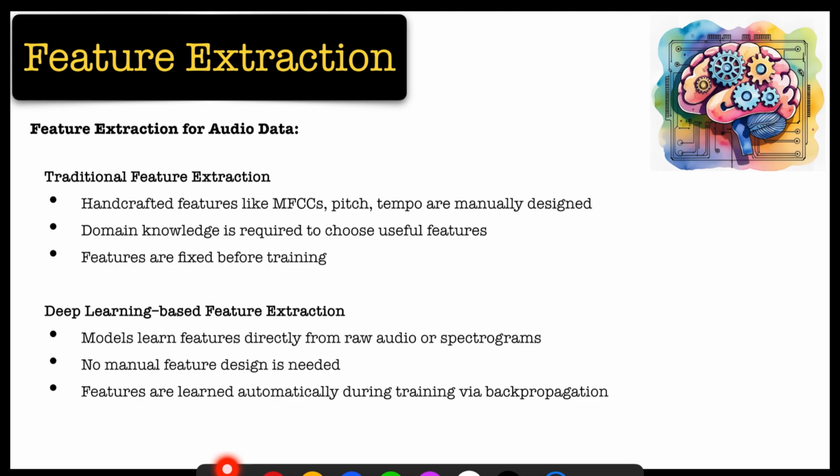In deep learning based feature extraction for audio data, it's the same as we saw for computer vision and NLP. Models learn features directly from raw audio or spectrograms. No manual feature design is needed. Features are learned automatically during training via backpropagation.